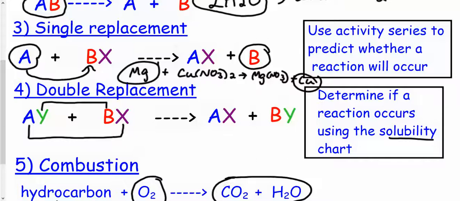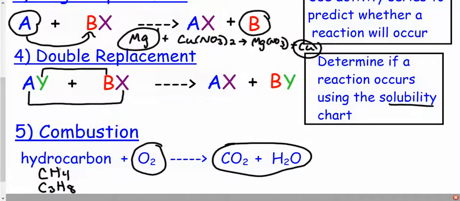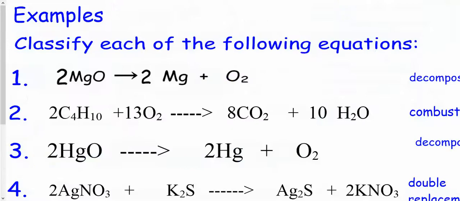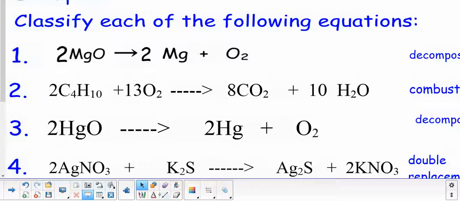We'll cover that in a later target. Right now we'll focus on just classifying into one of these five types. So we will have a little practice here.